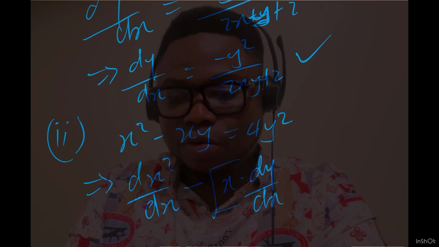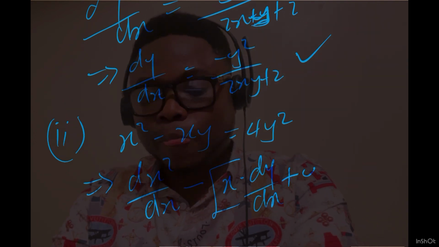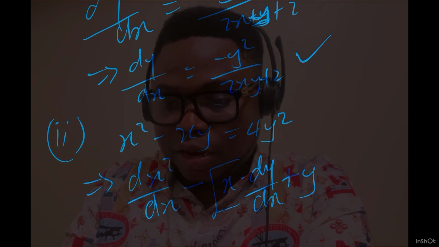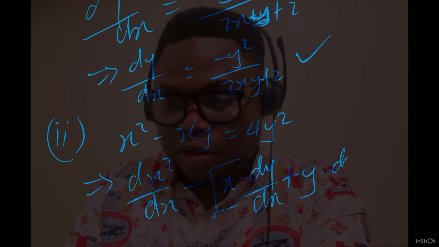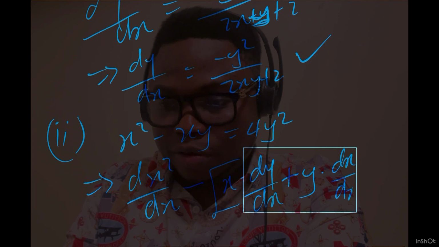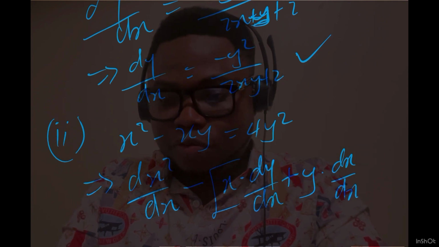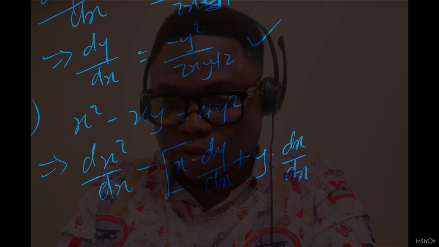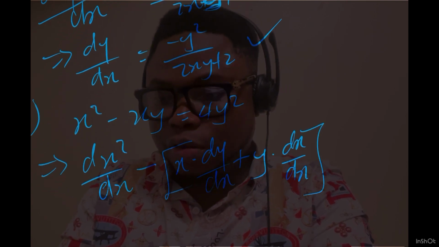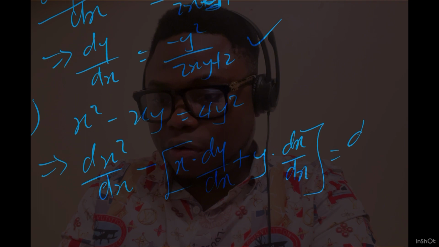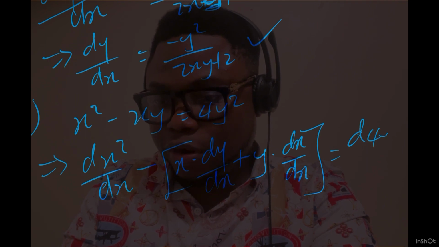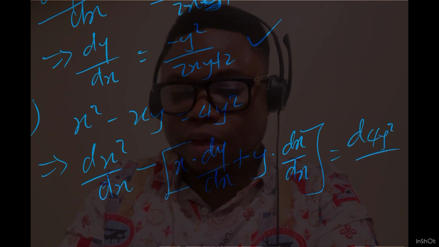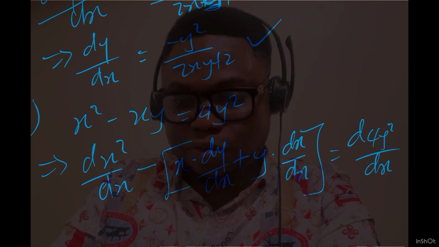Then plus, I'll keep y and differentiate x, and that's going to give me dx over dx. Okay, so is equal to, I'll close the bracket, is equal to, then I'll differentiate 4y squared over dx. So that is the first thing to do.